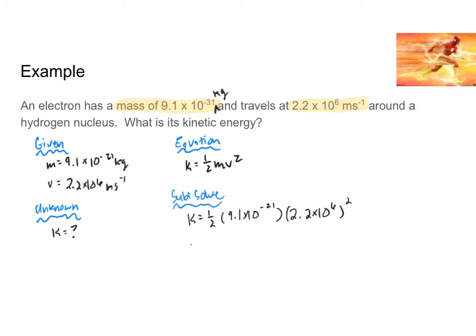Putting all of that information into my calculator, I get that K is equal to 2.2 times 10 to the negative 18th joules. And that J stands for joules, which is the unit that we use for energy. So that is our standard international unit for energy.